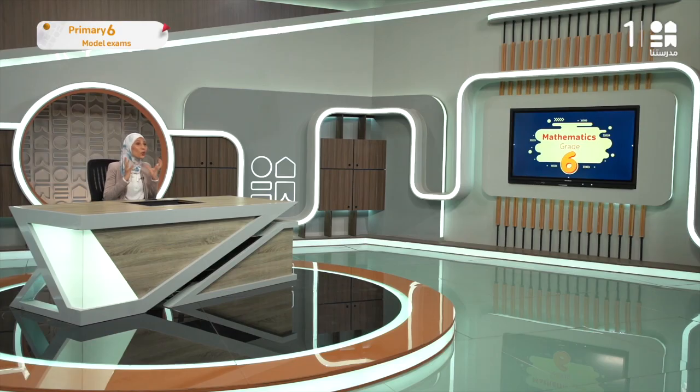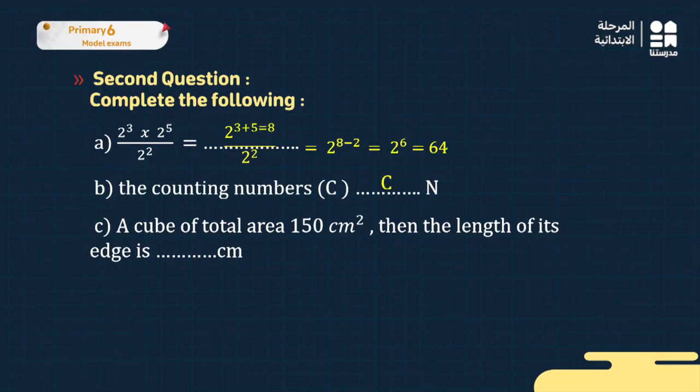But he gave me the total area, which is the area of 6 faces. I need the area of one face only. How do I get it? I do 150 divided by 6. Why 6? Because I have 6 faces, and this is the total area. So I do 150 divided by 6, which is 25.